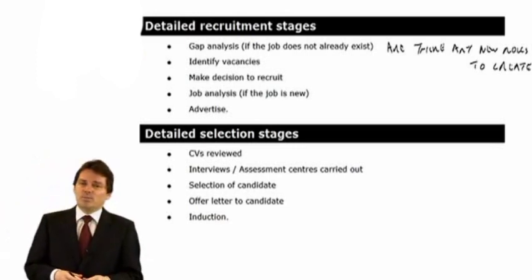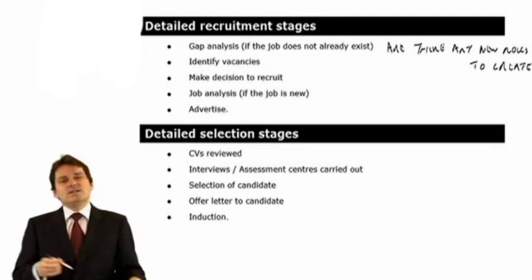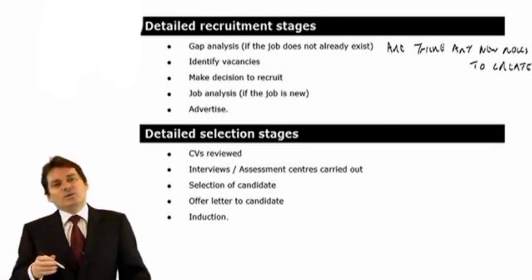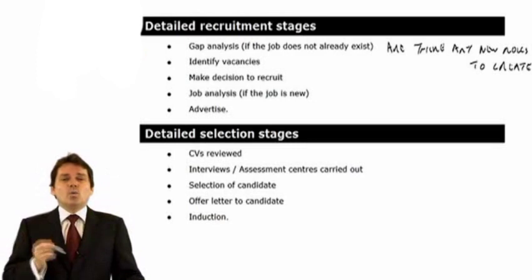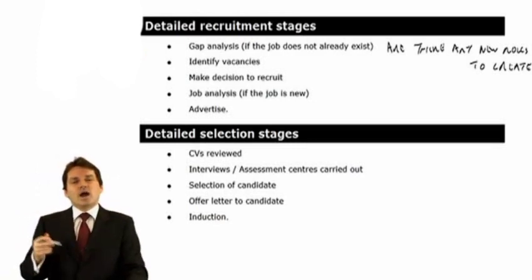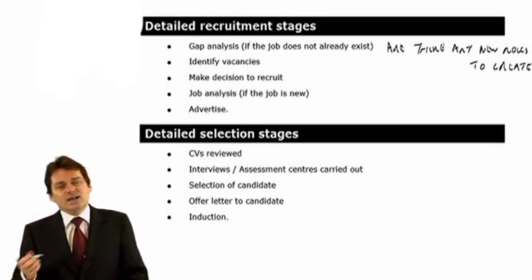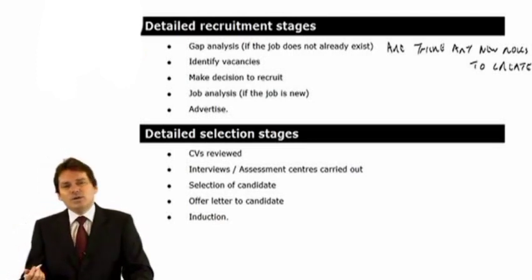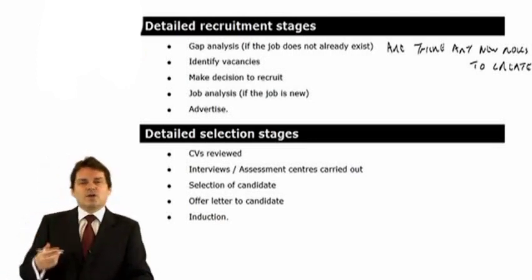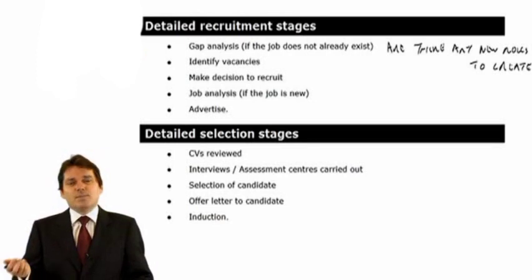It might be, for example, that the organisation is expanding, perhaps by doing something new. So we have got an organisation that has always trained ACCA students, and now we decide that we're going to start training other kinds of students. Perhaps we're going to start training legal students.